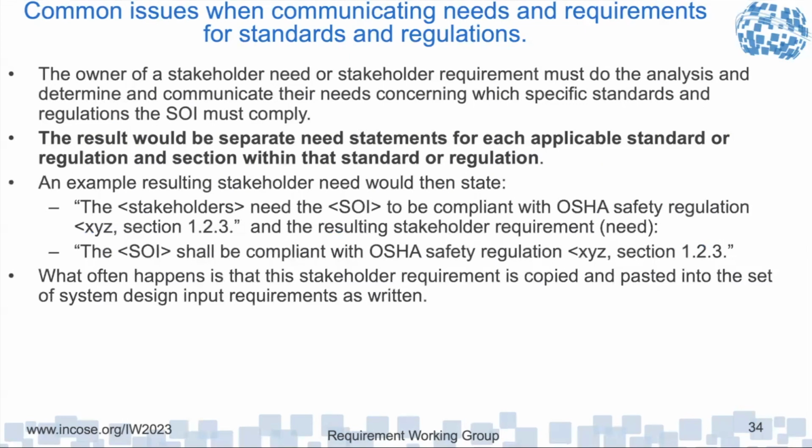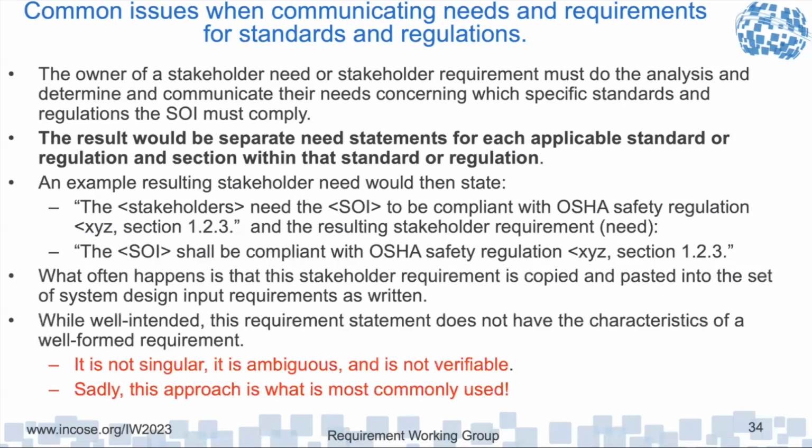What often happens is the stakeholder requirement is then copied and pasted into the set of system technical requirements. That's not a good practice. While intended, the requirement statement does not have the characteristics of a well-formed requirement. It's not singular, it's ambiguous, and as it's written, it's not verifiable. But sadly, this is the approach that I've seen quite a bit in the past.